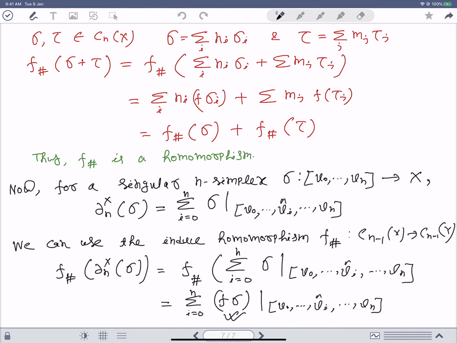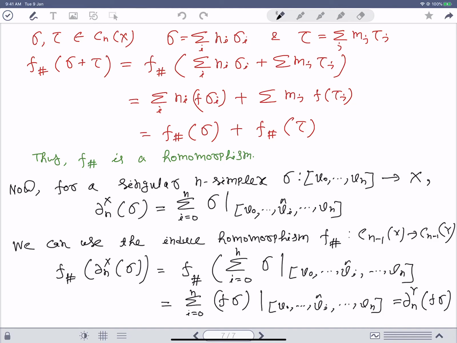So by the definition you can write this as del n, obviously this is the boundary map in y, of f of sigma.